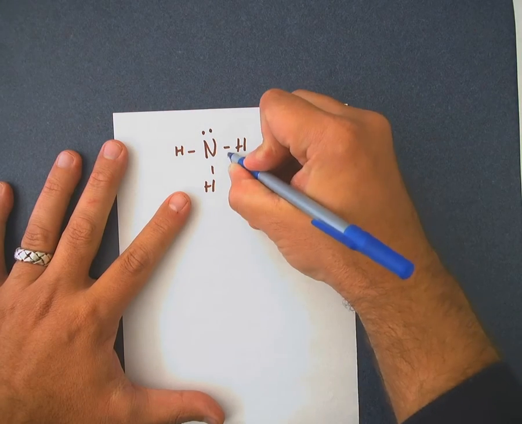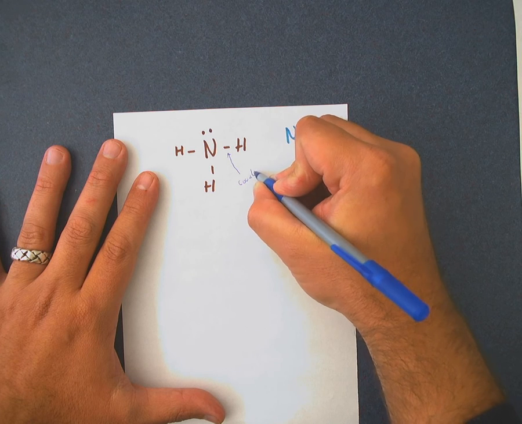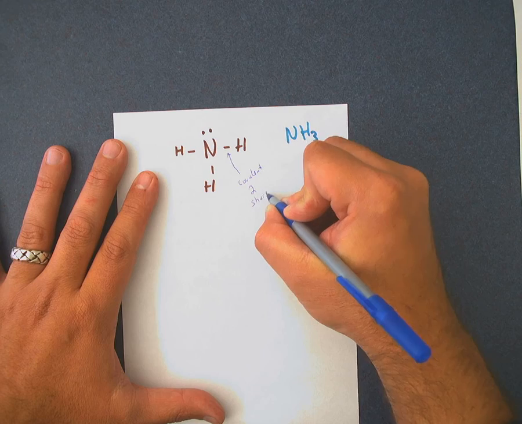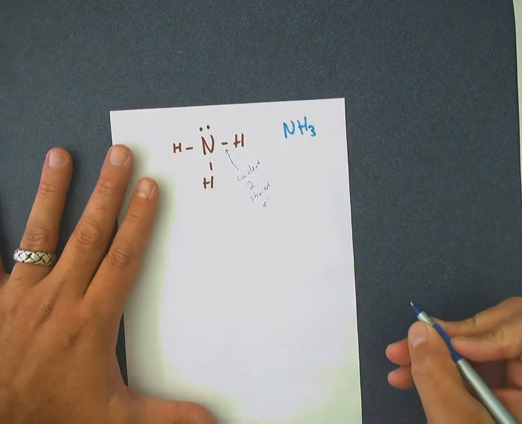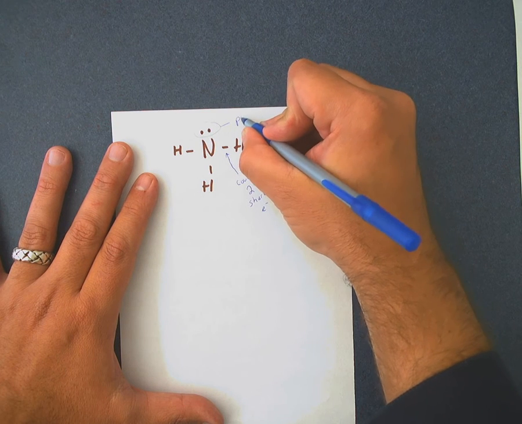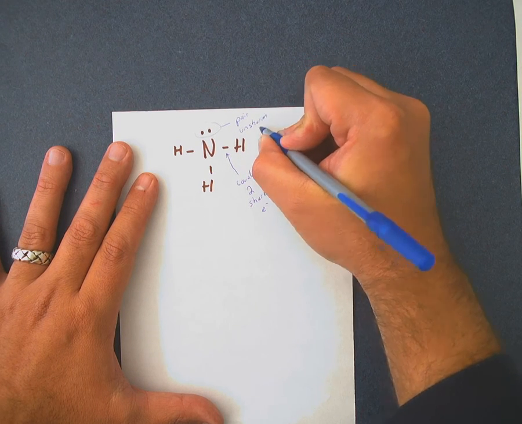Okay, and this is a bond, a covalent bond. A covalent bond stands for two shared electrons. But there's also this, which is a pair of unshared electrons.